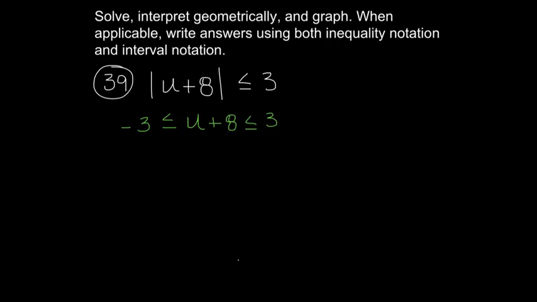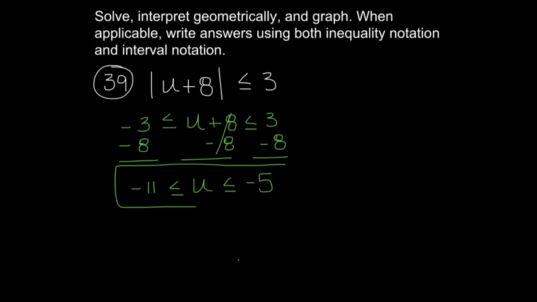I want to isolate that variable, so I'm going to subtract an 8 from all three sections. Subtracting the 8 from all three sections gives me that negative 11 is less than or equal to u, my 8's cancel out, which is less than or equal to negative 5. There is my solution as an inequality.